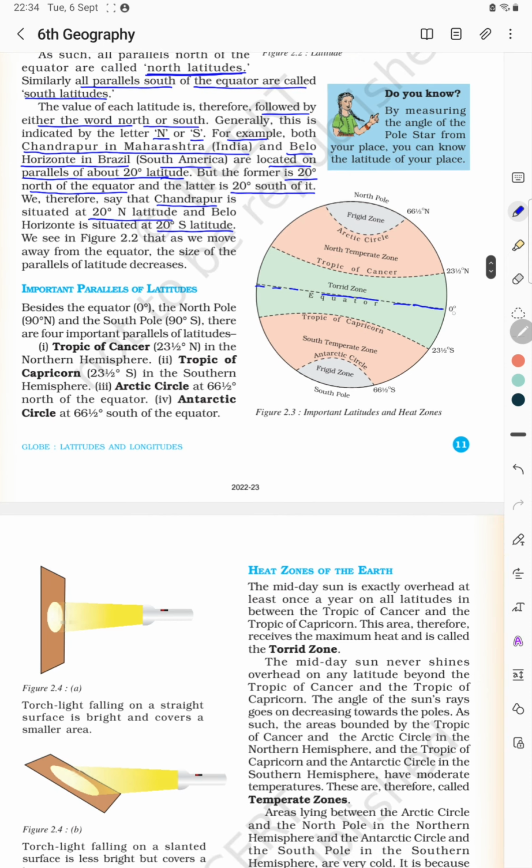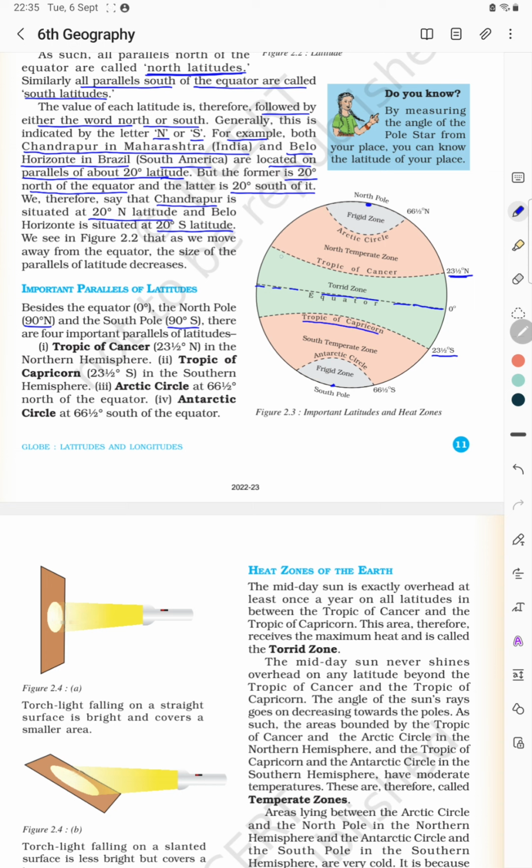The equator is our 0 degree latitude, the north pole is 90 degrees north, and similarly the south pole is 90 degrees south. This line represents 23.5 degrees north. This line is called the Tropic of Cancer. Similarly, the 23.5 degrees south line is called the Tropic of Capricorn.